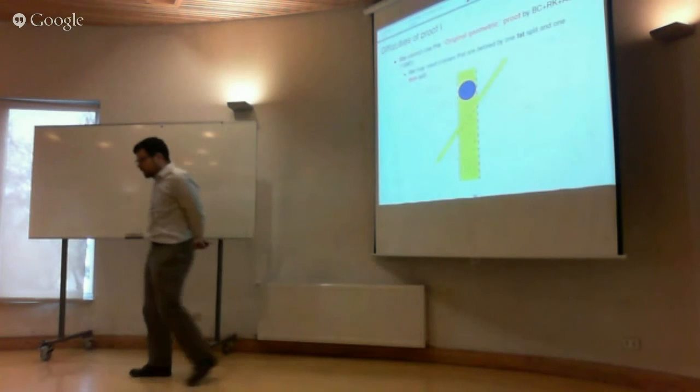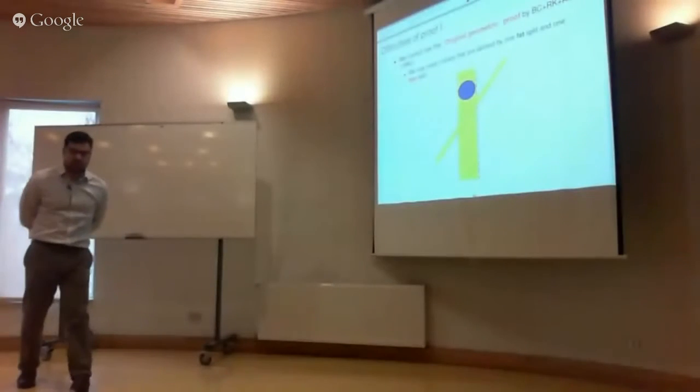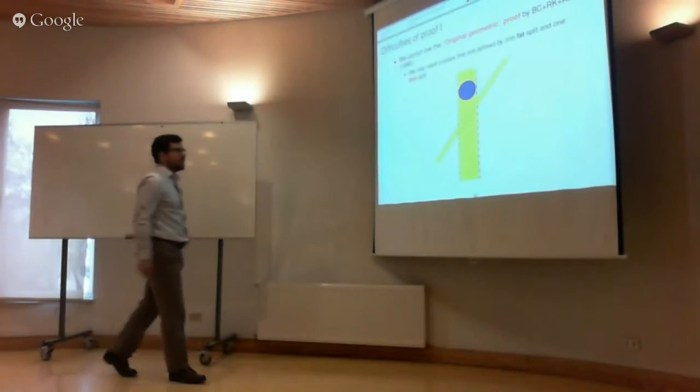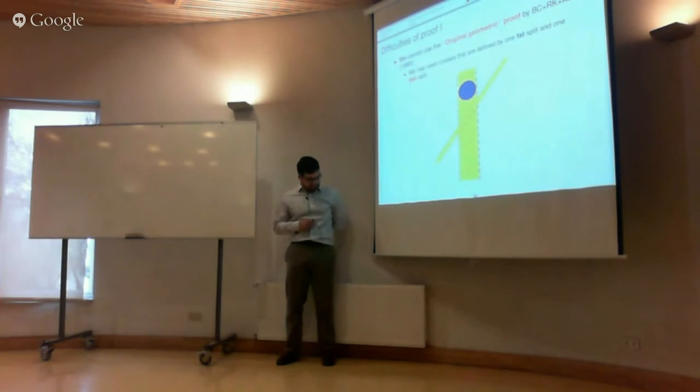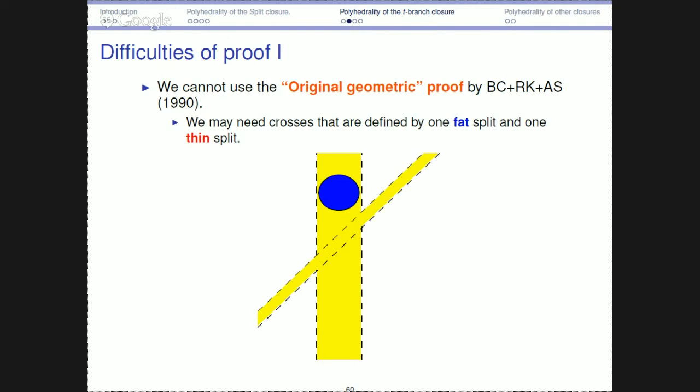So why can we not use the original proof to prove this cross-cut case? Because before, when we had fat splits that cover a ball, I told you that you can prove that these are finitely many splits. But when you consider fat crosses, this could happen: a fat cross could be given by one fat split and one thin split.